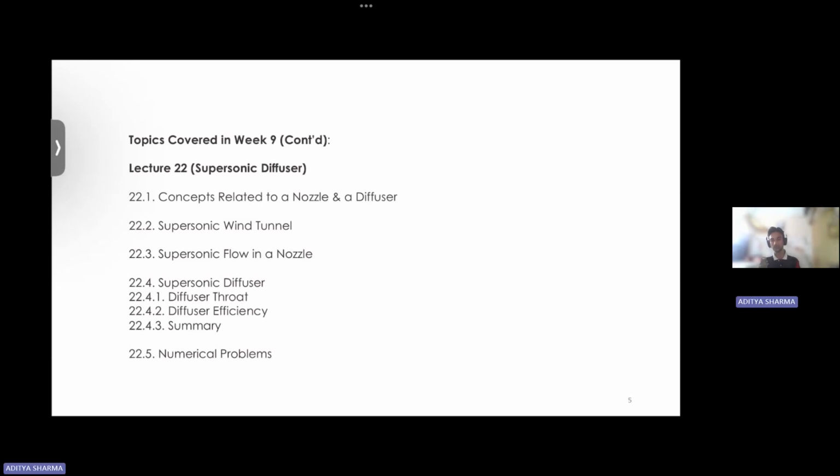A wind tunnel is basically a nozzle, a test section, and a diffuser.